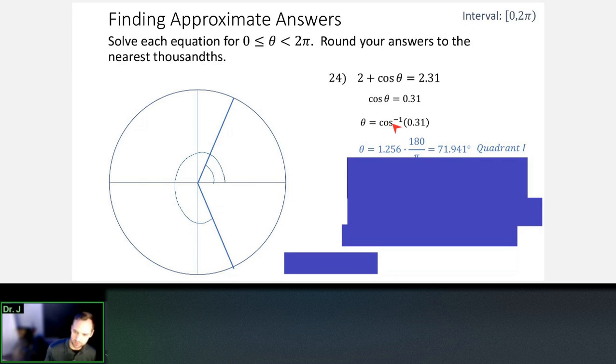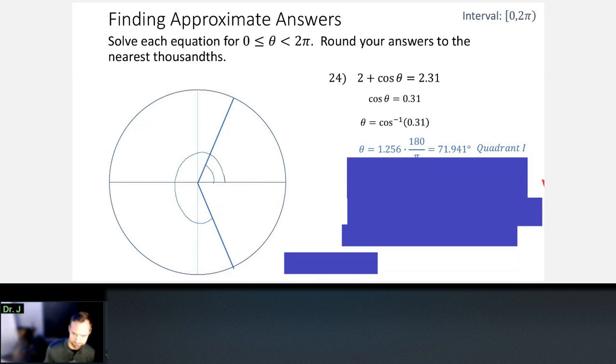Now, cosine represents which variable again? Yeah, the x's. So we want to know what is the angle in radians when the x value is 0.31. So the x value is positive. On the unit circle, the x value is positive in quadrant 1 and in quadrant 4. That's how I know to draw these 2 segments here to represent that. Yeah, x is positive.